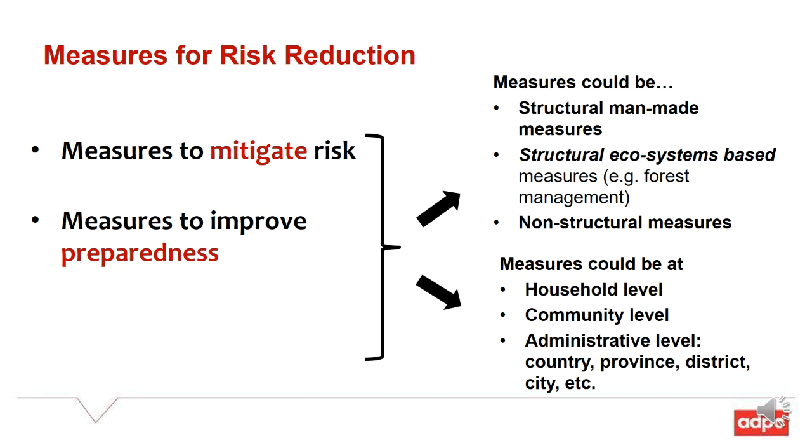Measures could be structural, man-made measures, structural ecosystem-based measures, forest management, bioengineering, nature-based solutions, and non-structural measures. Preparedness measures could be at household level, community level, administrative level, country, province, district, city, etc., as well as, of course, facility level.